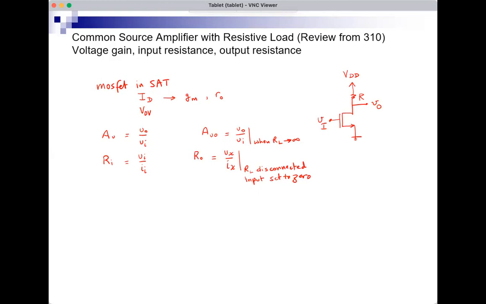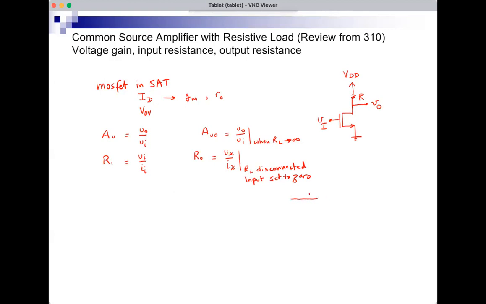Okay, so let's start with the small signal analysis. In small signal analysis, the DC source becomes 0, or any DC sources become 0. The MOSFET is replaced by its small signal model, and the resistor stays as a resistor. The small signal model of a resistor is same as the large signal model.